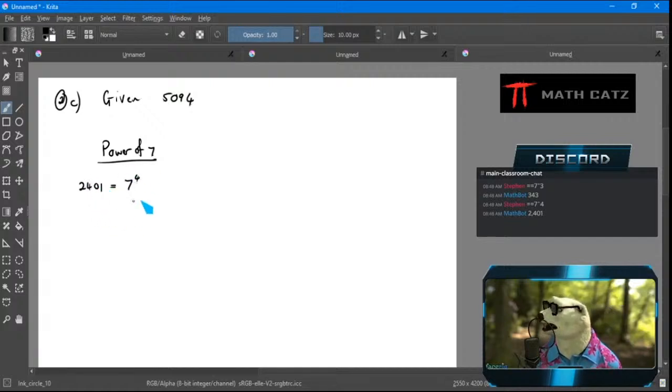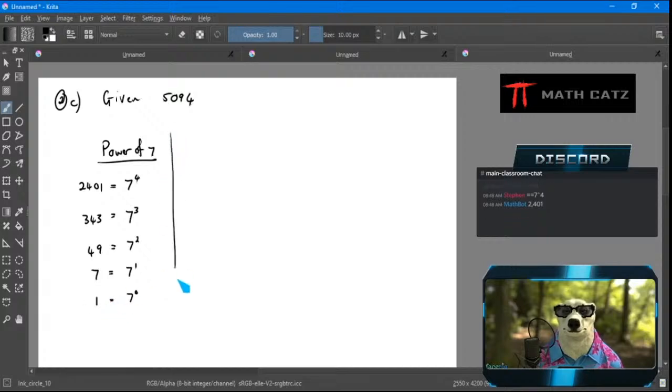Once I've selected the highest power that can fit, I cannot skip any other power going down. And 7 cubed we found was 343. 7 squared is of course 49. 7 to the 1 is 7. 7 to the 0 is the ones column, or the ones place rather.